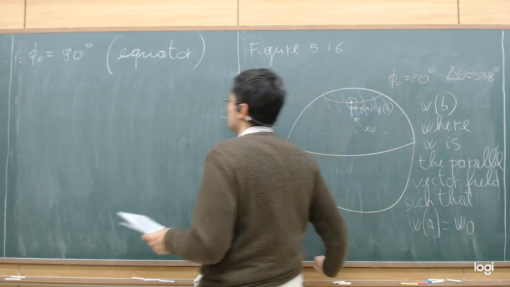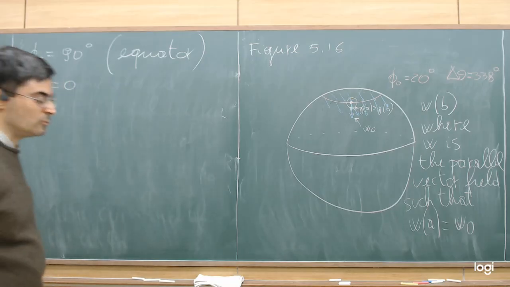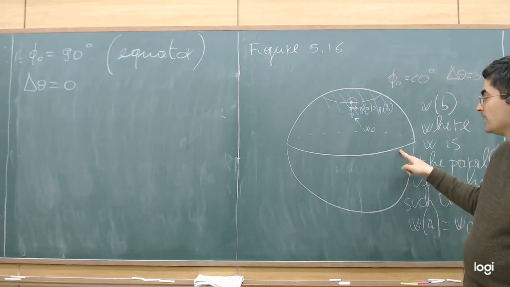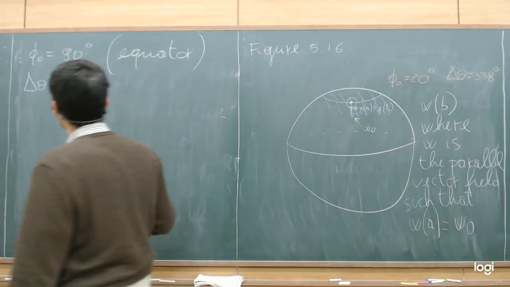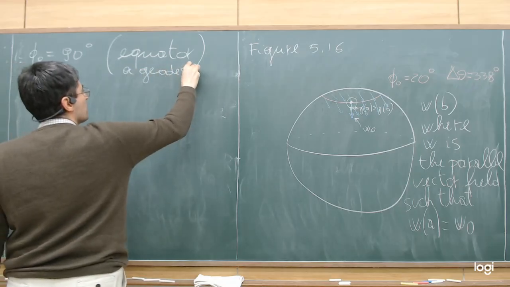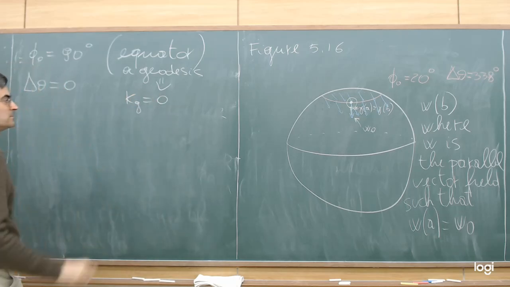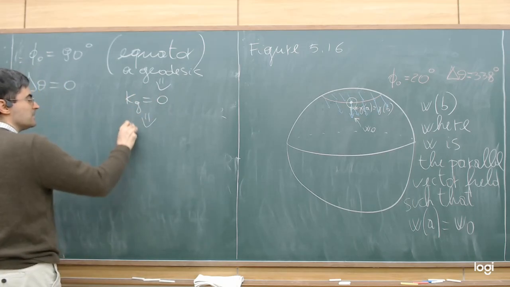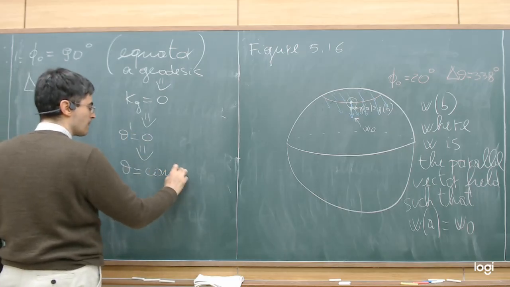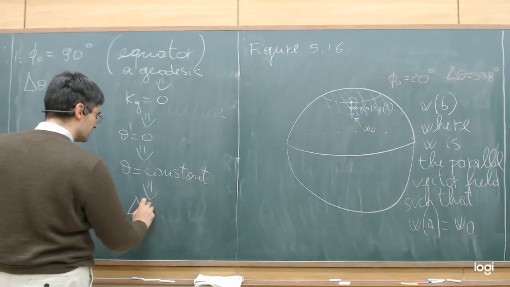Then delta theta is 0. Why? Because the equator is a geodesic, and for a geodesic, kg is 0. This implies that theta prime is 0. This implies that theta is constant, which implies delta theta equals 0.